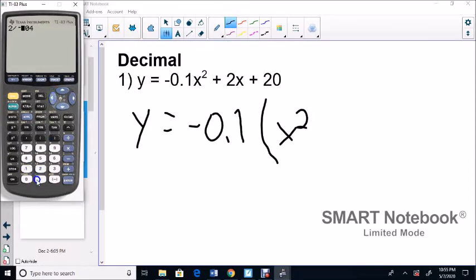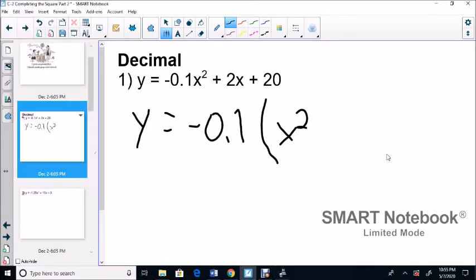So let's type that, divided by 0.1. Let's see what I get. Negative 20. So right here, I write minus 20, okay, x plus 20.